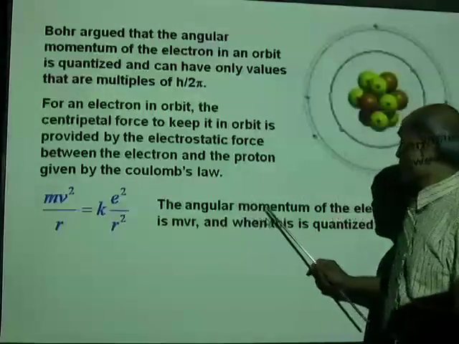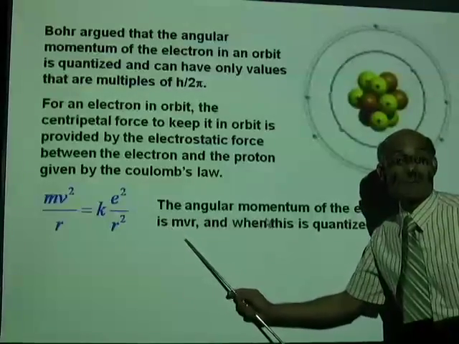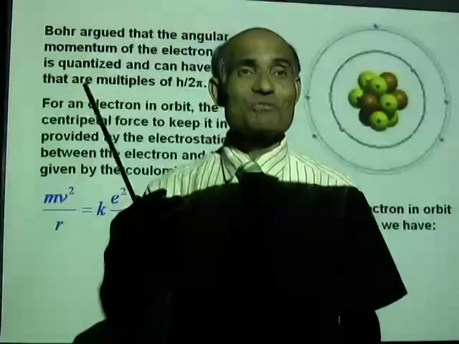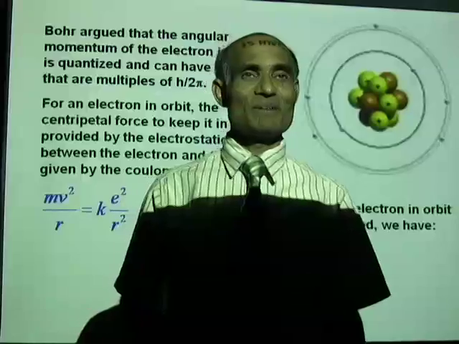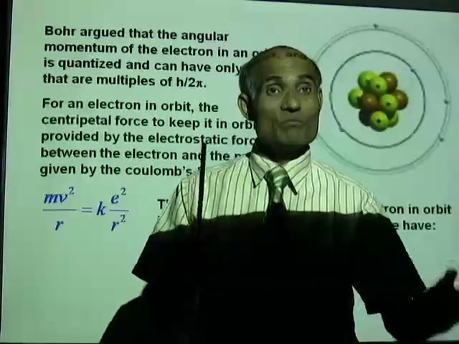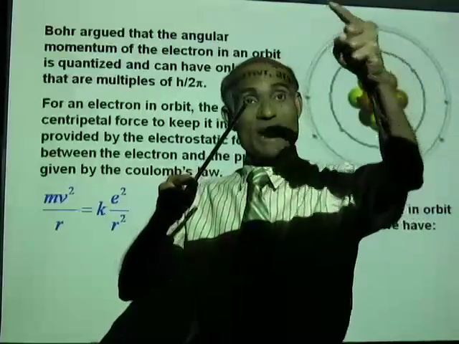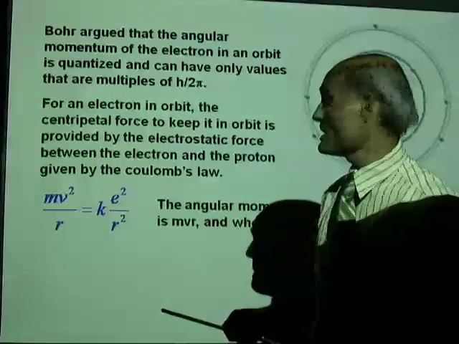Now, the angular momentum of the electron in orbit is m times v times r. Now, how many of you recall that from the first part of physics we did in the last semester? The angular momentum of an object of mass m moving with a velocity v at a distance r from the axis of rotation is m times v times r.